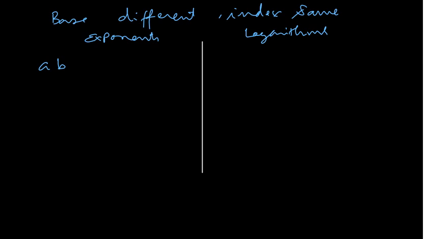For example, these are the bases. The first one is a to the power of m plus b to the power of m. See, the indices are same. Okay, no change. Addition or subtraction, no change.